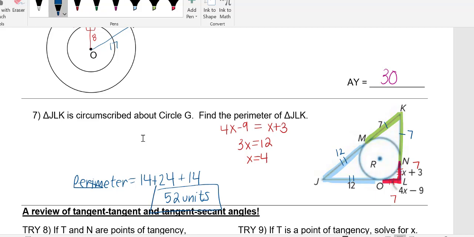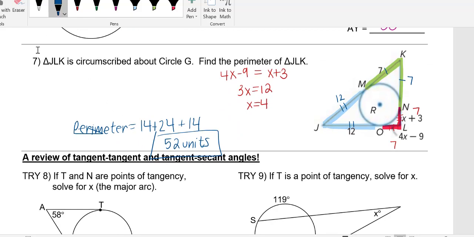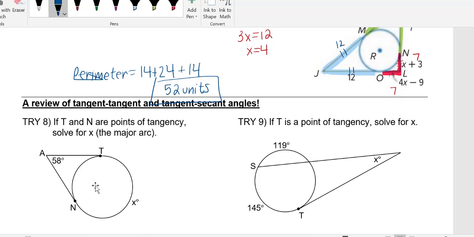All right, why don't we try a little bit of a review of our tangent segments and tangent secant angles. I will pause the video and upload this key on Canvas for you to check out the solutions for this.